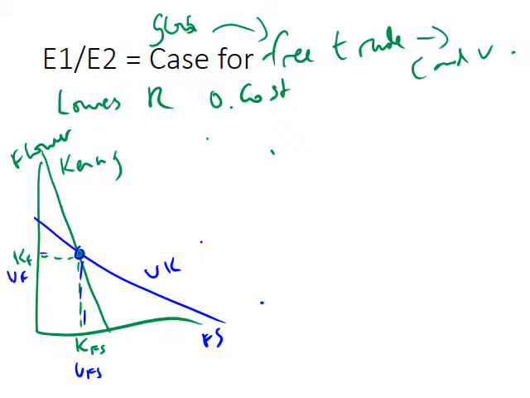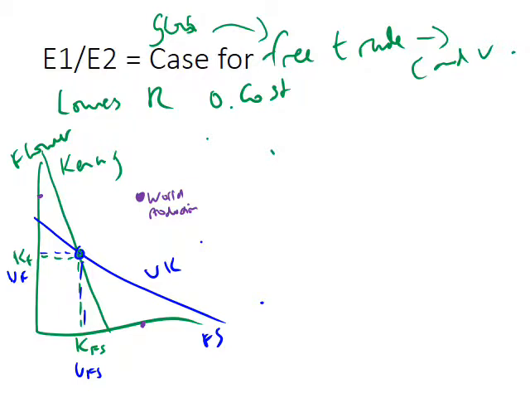Now if we add these two together, so we're going to double this amount here, we'll end up somewhere here in terms of flowers, the total amount, and we'll end up somewhere here in terms of the total amount of financial services. And if we join those together, currently that's the world production of those two things.